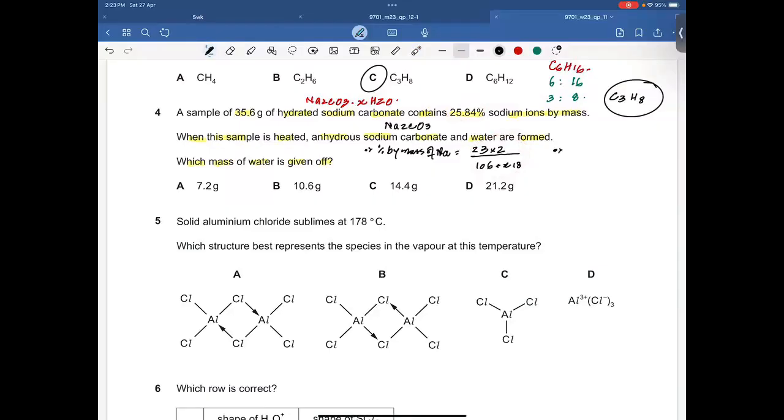My second step is 25.84 equals 23 times 2 divided by 106 plus 18x. All right.